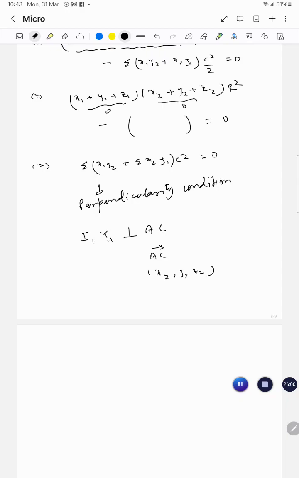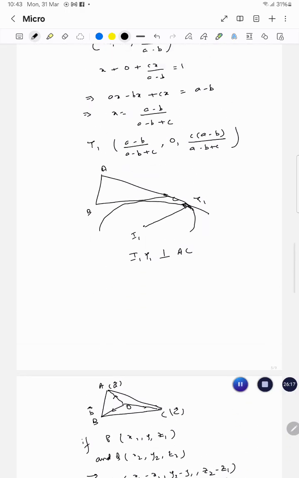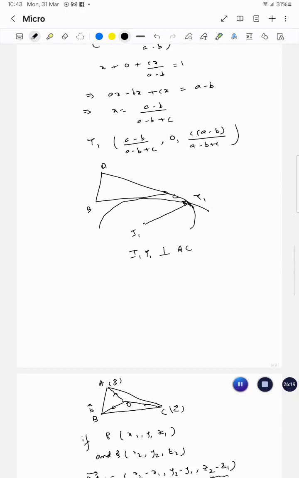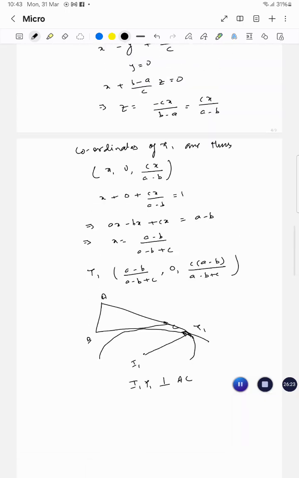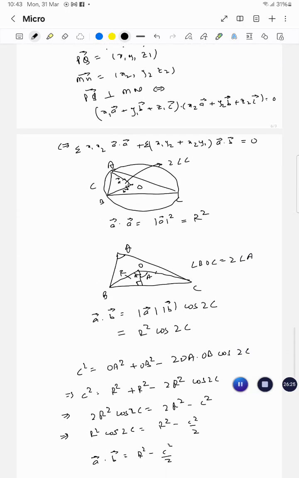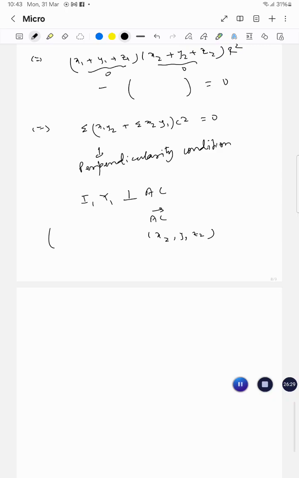And the coordinates of Y1 are known. The coordinates of I1 are very similar to the coordinates of I, and can be derived in a similar way. Taking care of the orientation of the triangles, I'll just write the result here.